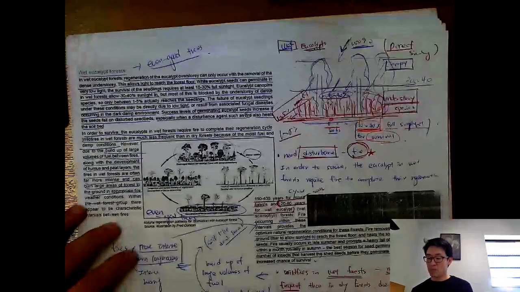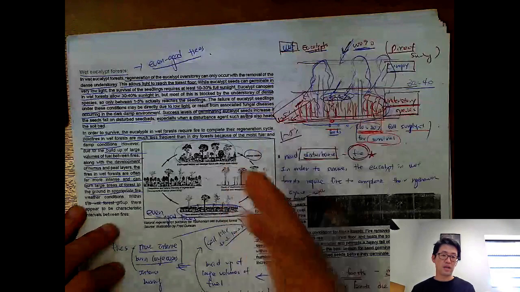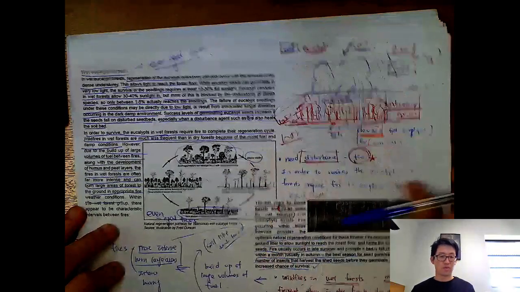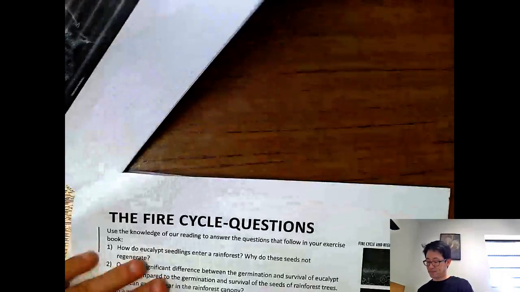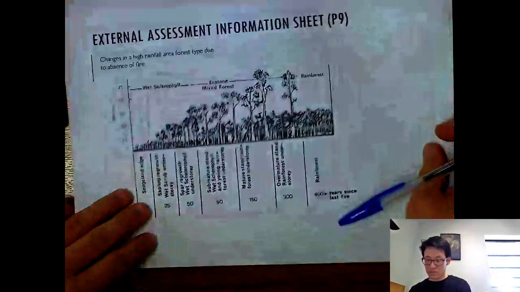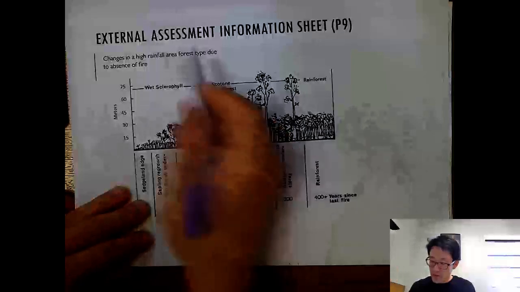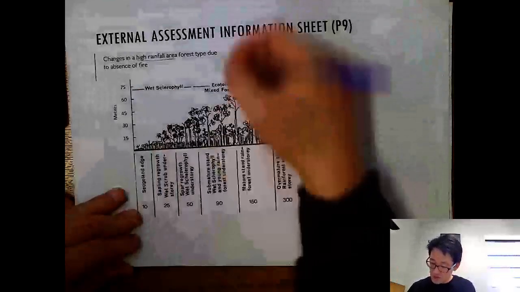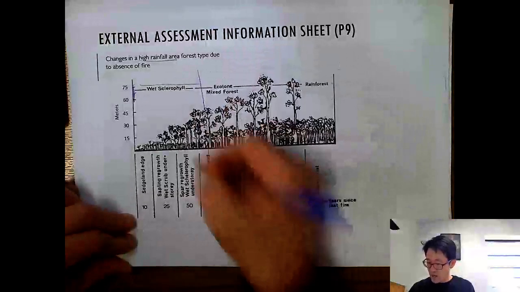That's why with more frequent fire in Tasmania, we lose more cool temperate rainforest. Okay, can you relate that? Actually, that's also linked with this one. Changes in high rainfall area, therefore, it's going to be from 0 to around 80 years.